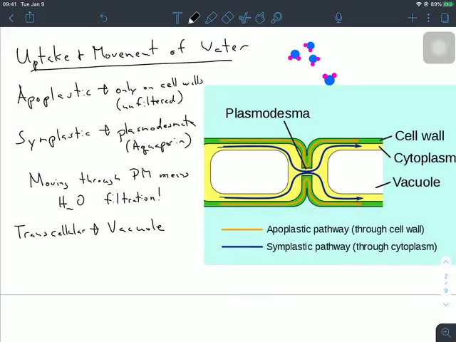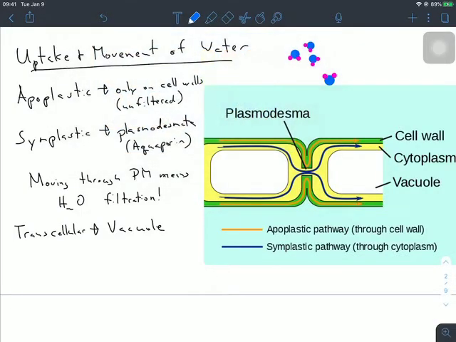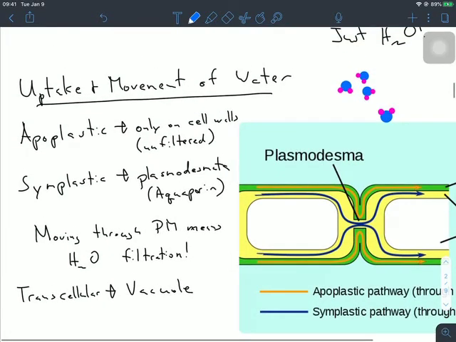Not a lot of water moves transcellularly in a plant because it just requires such a strong bottleneck of going through only aquaporins. If we're looking at how much water each of these three different modes of movement are responsible for moving, well, apoplastic is the most because it doesn't have to wait for an aquaporin to be open.